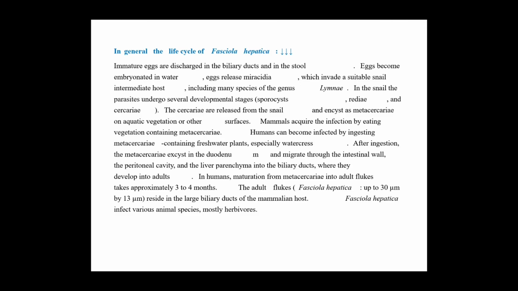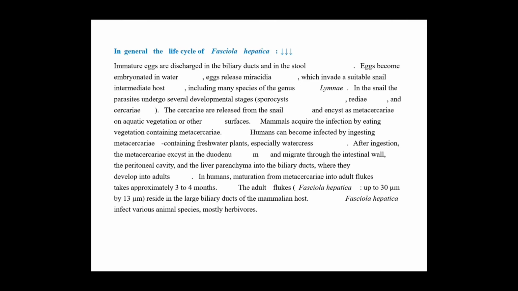Okay, in general, the life cycle of Fasciola hepatica can be stated as follows. The immature eggs are discharged in the biliary ducts and in the stool, from biliary ducts to the GI tract, then in the stool. The egg becomes embryonated in water.